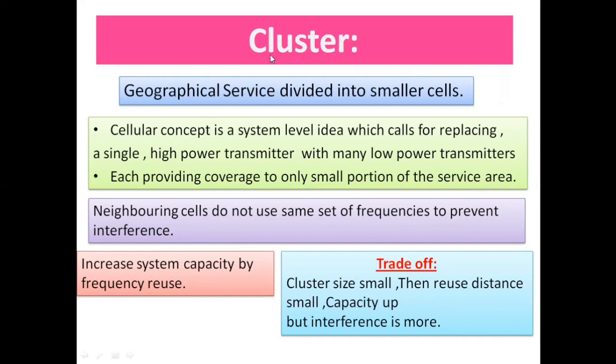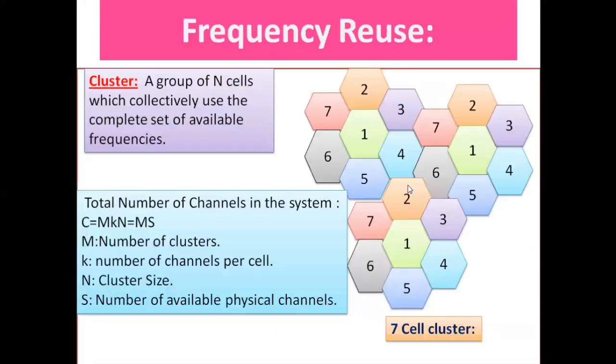So the system capacity can be improved by frequency reuse. A group of cells having different frequencies is called a cluster. And here neighboring cells do not use the same frequencies in a cluster. The neighboring cells will be operating at different frequencies. So basically, what is a cell? A cell is nothing but a small service area, a small geographical area.